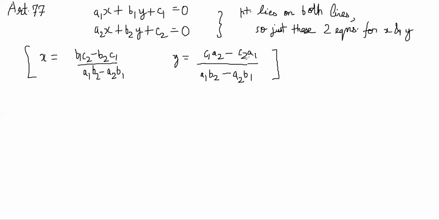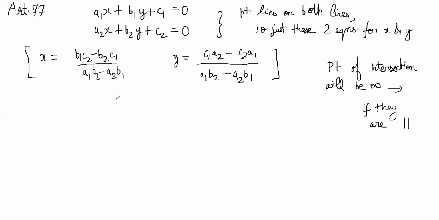If the lines are parallel, the point of intersection will be infinity. Basically, the lines will never meet if they are parallel. So that means a1 b2 minus a2 b1 is equal to 0.